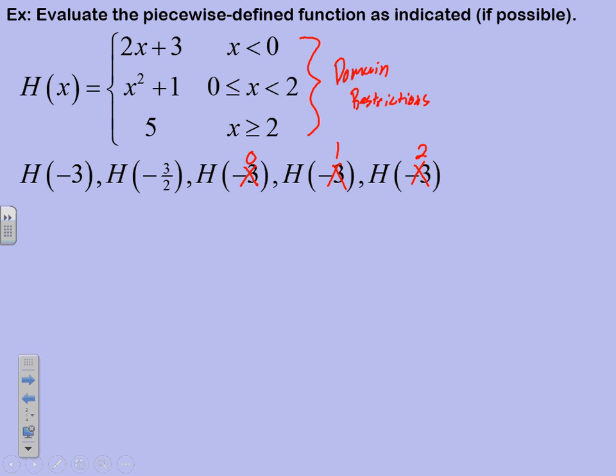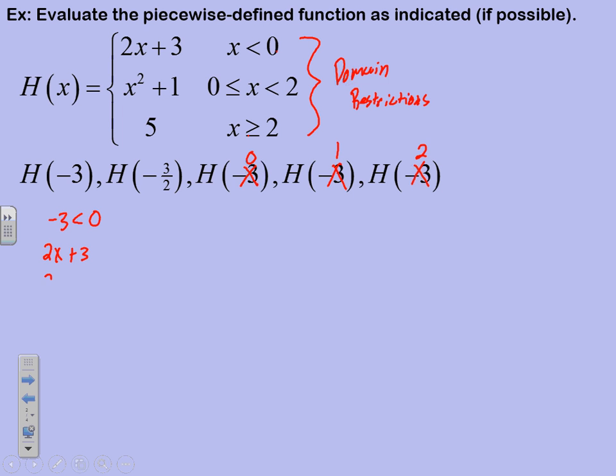So when we look at the domain restrictions, the first one says x can be less than 0. The middle one says x has to be greater than or equal to 0, but less than 2. And the third one says x has to be greater than or equal to 2. In this case, because -3 is less than 0, substitute it into the first equation, 2x plus 3.